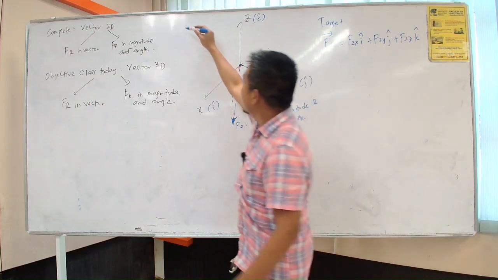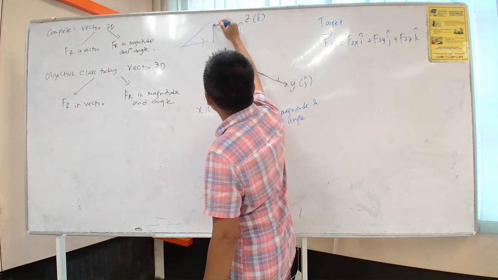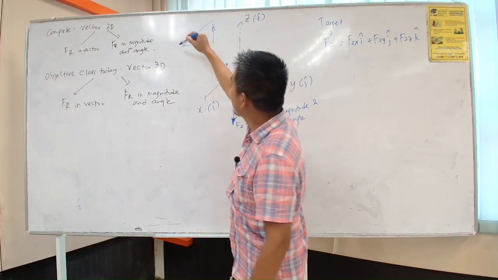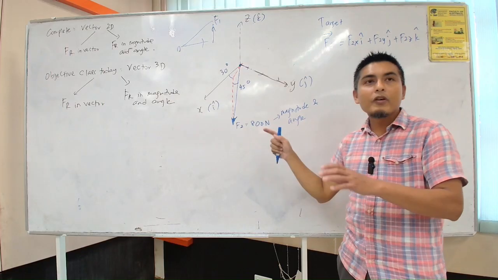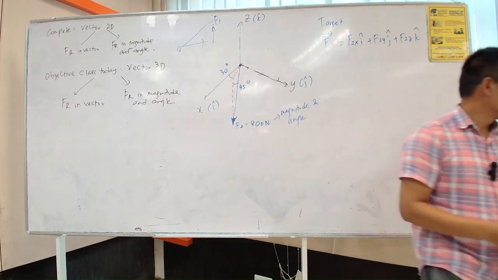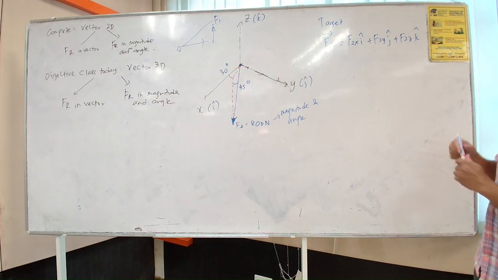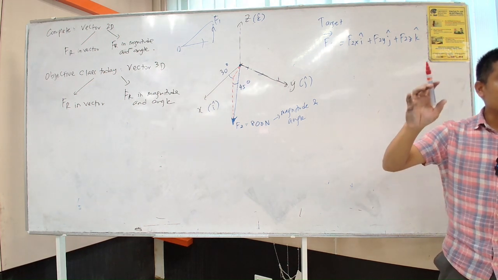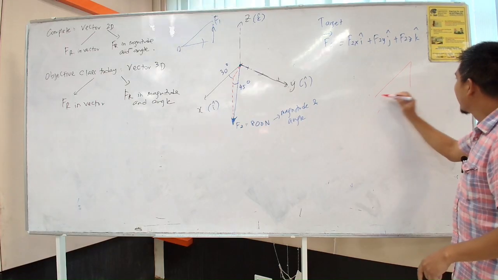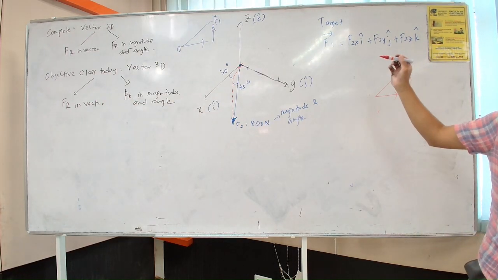Previously, we could automatically draw something like this, from origin to F1. So now, what is the direction from origin to F2? The vector, we need to go to the basic vector shape in rectangular form.